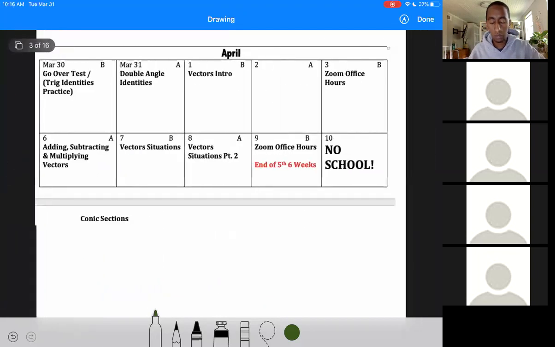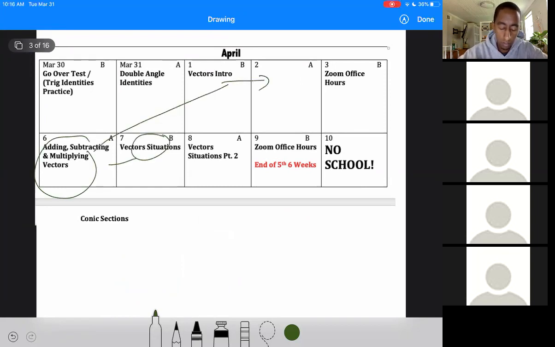I'm going to make one slight change to the calendar. I'm not sure if you got to see it yet. I put this on the Google Classroom. Before, we had this lesson up here, this lesson back here. Basically, conic sections was here on the 8th.